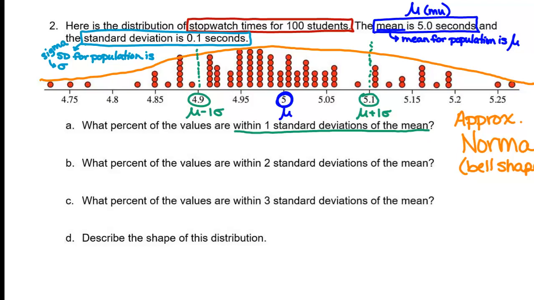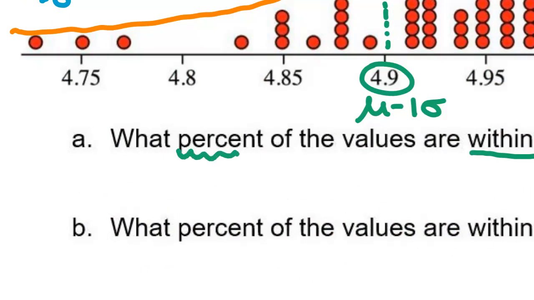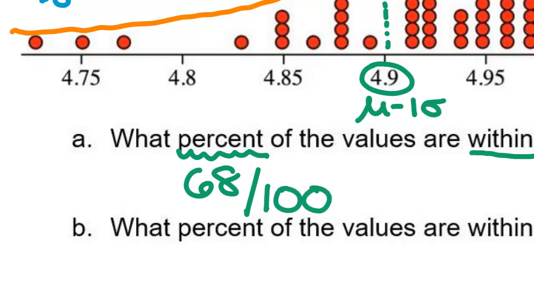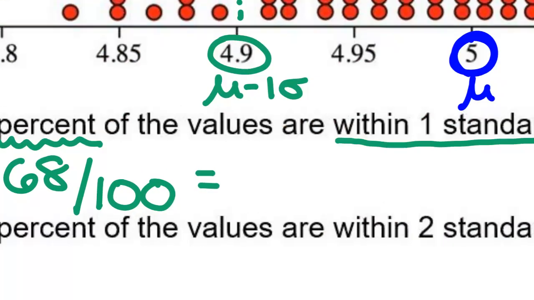Did anybody get a count of all the dots? 68. Out of how many dots did I say there were? 100. So my percent, I'm going to do 68 divided by 100, which comes out to be what percent? 68%.